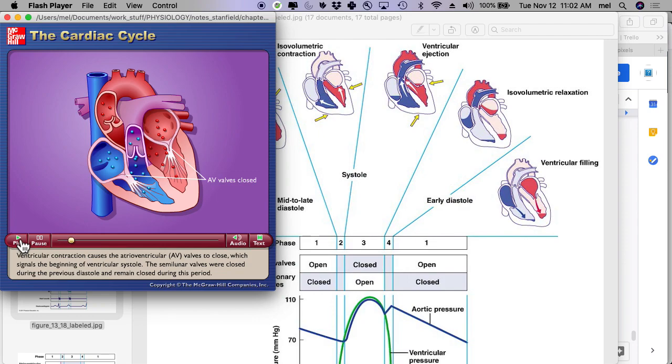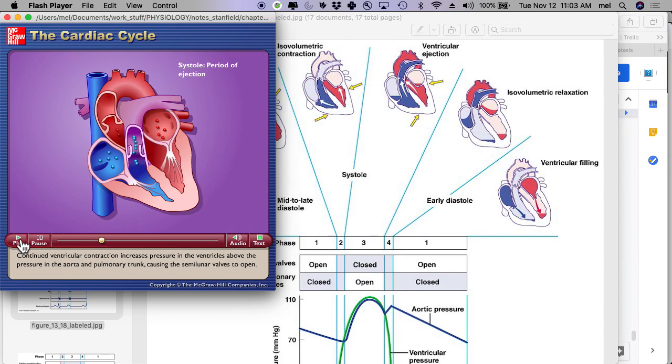Which signals the beginning of ventricular systole, or contraction. The semilunar valves were closed during the previous diastole and remain closed during this period. Continued ventricular contraction increases pressure in the ventricles above the pressure in the aorta and pulmonary trunk. What period am I in now? Ventricular ejection, exactly.